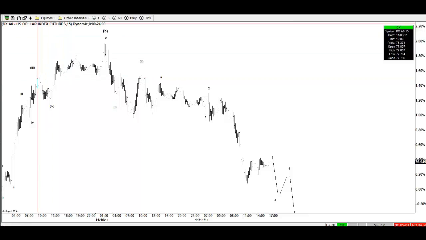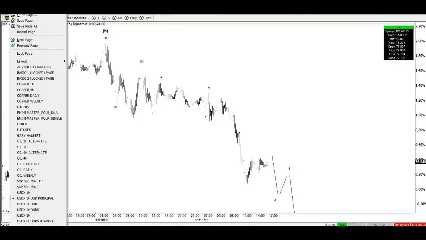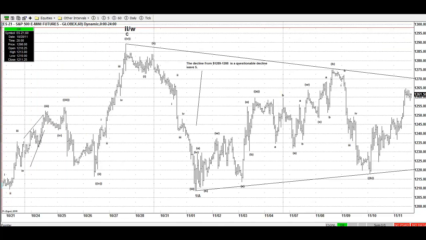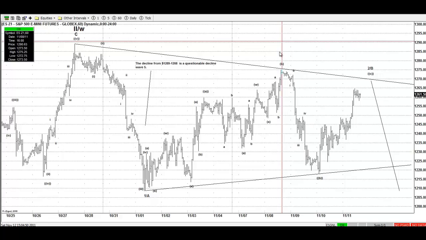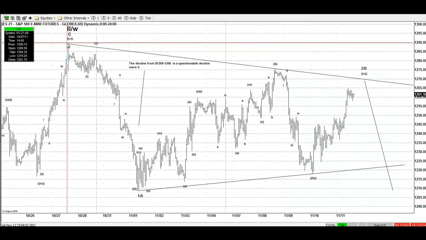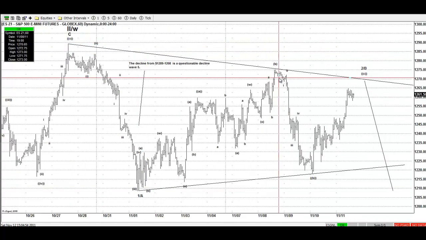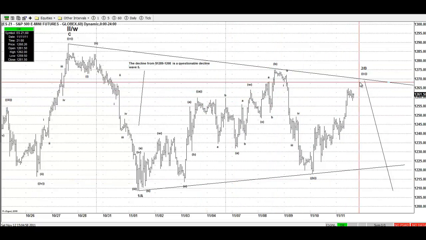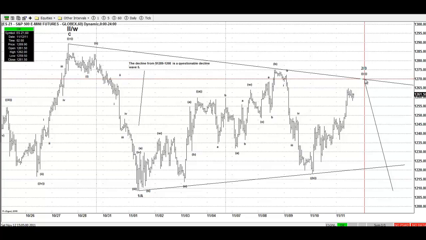Now, let's move on to the S&P. Let's move on to the S&P pretty fast. Look, S&P, same scenario. You got a questionable 5, a correction back, and it looks like it's doing a flat that is going to end around towards 70.